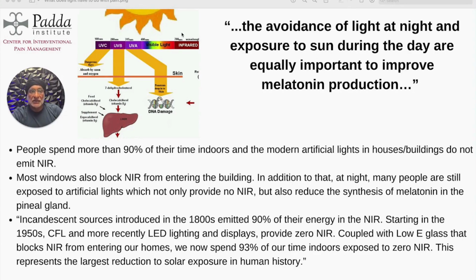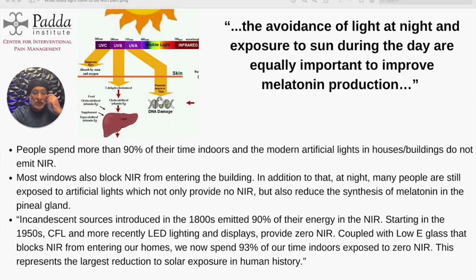If we block that melatonin, we get ourselves in a lot of trouble because then we're in a hyper-inflamed state. We're losing about 90% of the infrared light that we're supposed to have since the 1950s. And that may explain why we're having a significant increased amount of inflammation.